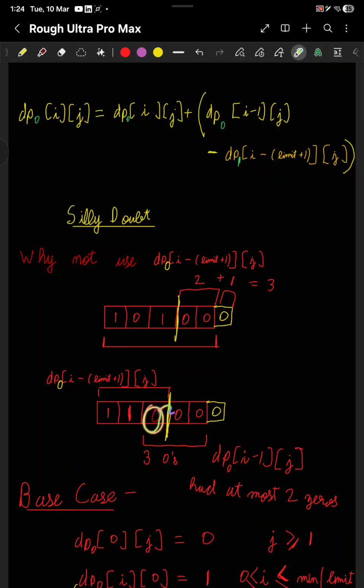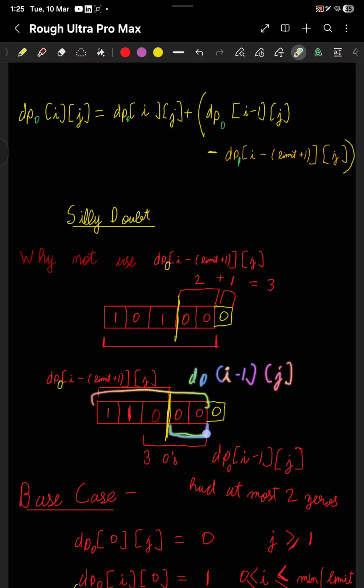If we subtracted this kind of array, that would actually give us 4 consecutive zeros. But we noticed that we never added something that made 4 zeros, right? So actually what we added was dp of i minus 1, j. So we appended 0 to these kind of arrays, and these arrays only had at most 2 consecutive zeros.